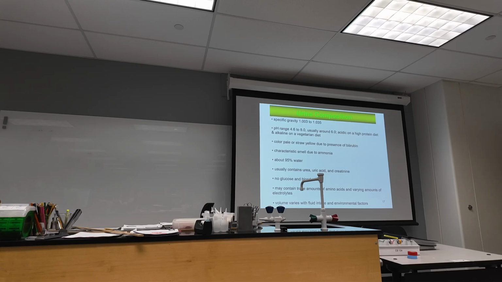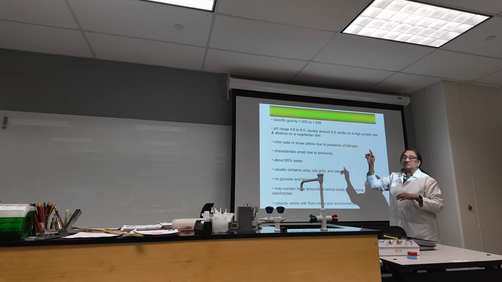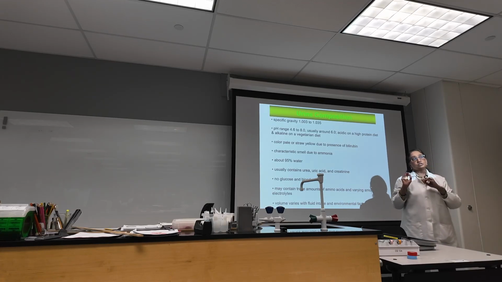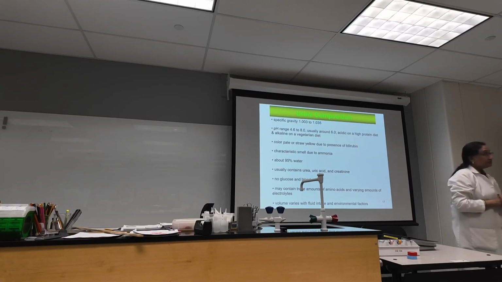Pure water has nothing mixed in it, so water has a specific gravity of 1.000. Anything that has something dissolved in water will have a higher specific gravity. The specific gravity of urine is anywhere between 1.003 and 1.035.